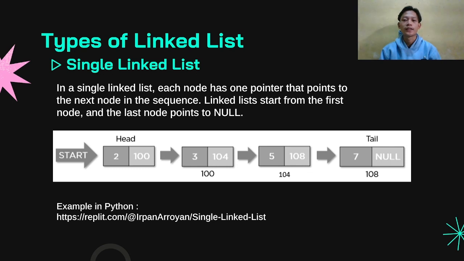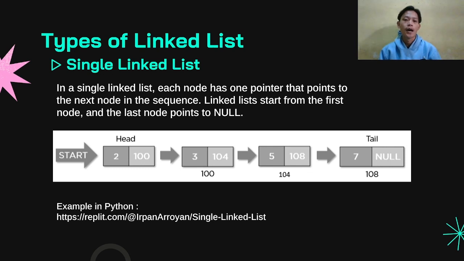Types of linked lists. One, single linked list. In a single linked list, each node has one pointer that points to the next node. The sequence starts from the first node and the last node points to null.